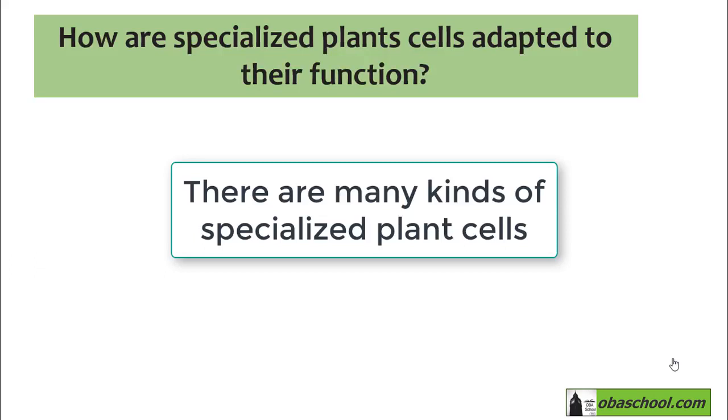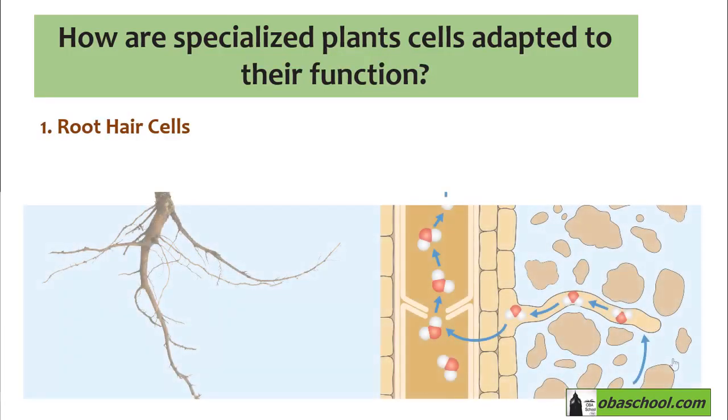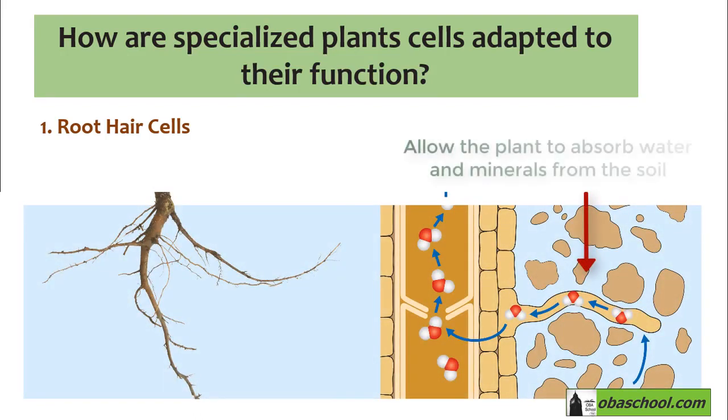There are many kinds of specialized plant cells, each kind with a specific feature adapted to its function. The first example of specialized cells includes the root hair cells. Root hairs allow the plant to absorb water and mineral salts from the soil.